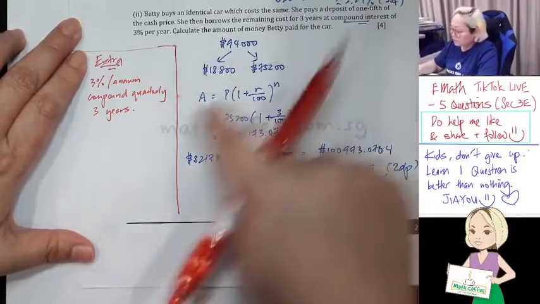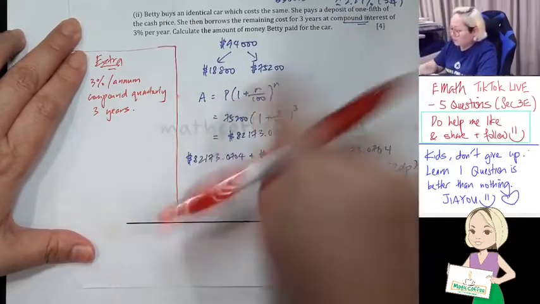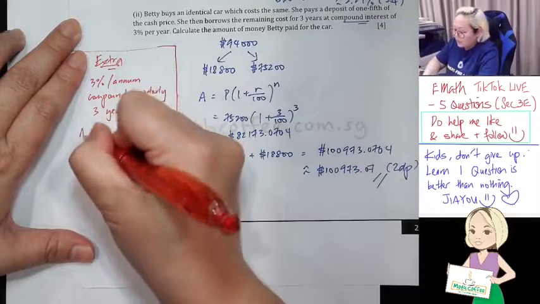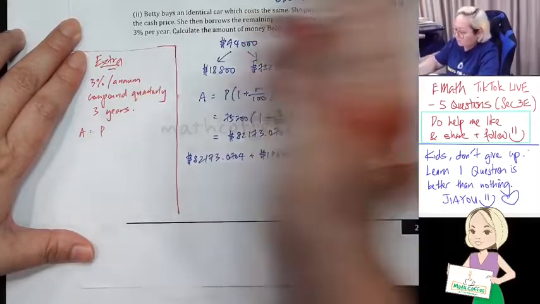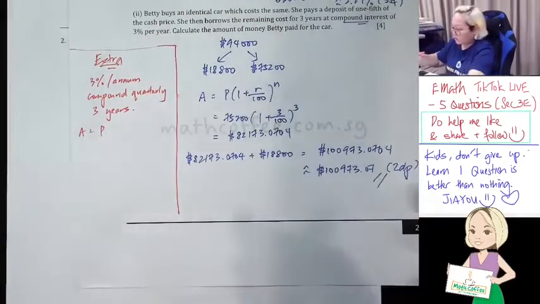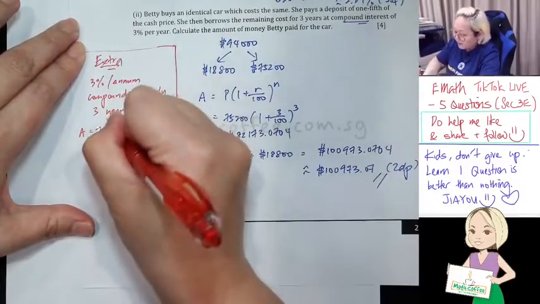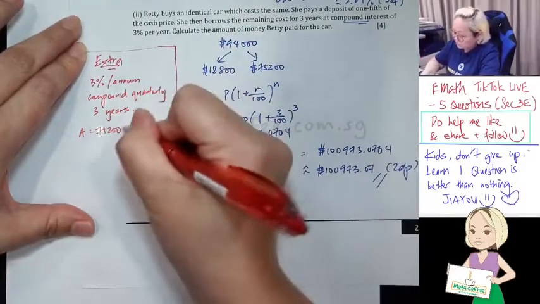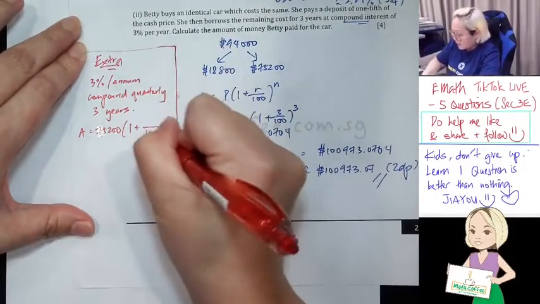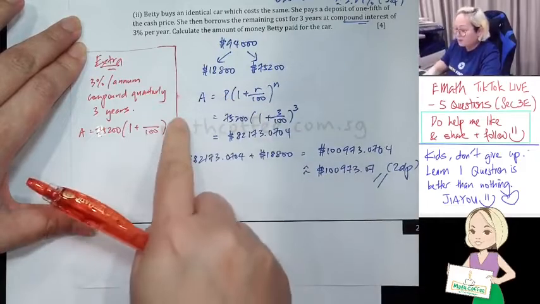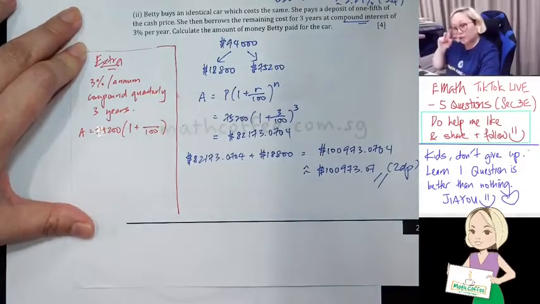So what's the formula? The formula will still be the same. A equals to P, I'm going to put in the P. So it is just 75,200 times 1 plus R over 100. So my R and my N, you need to change already.